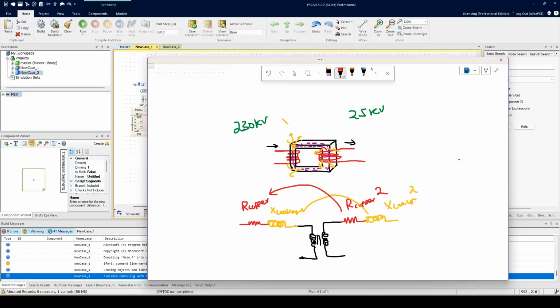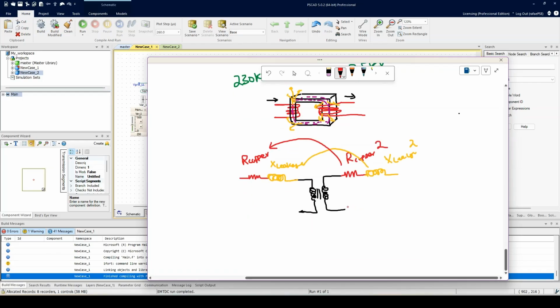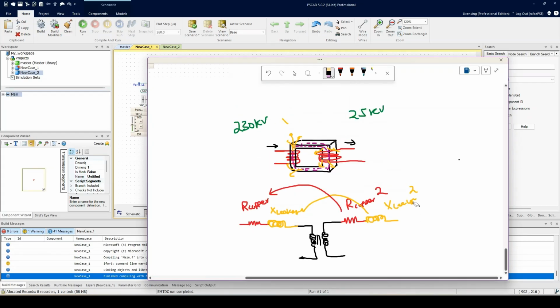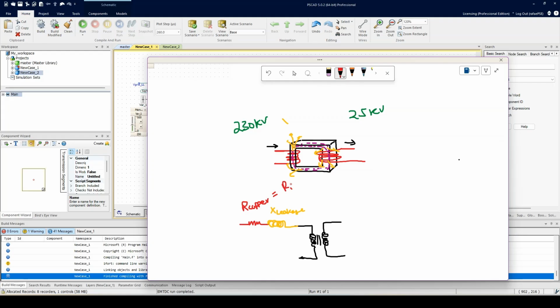So in reality, we won't have these on the secondary; rather, we'd have one value for copper and one for X leakage, accounting for R1, or winding 1 plus winding 2 copper losses. The same goes for leakage: it would be one value, accounting for winding 1 plus winding 2 leakage.